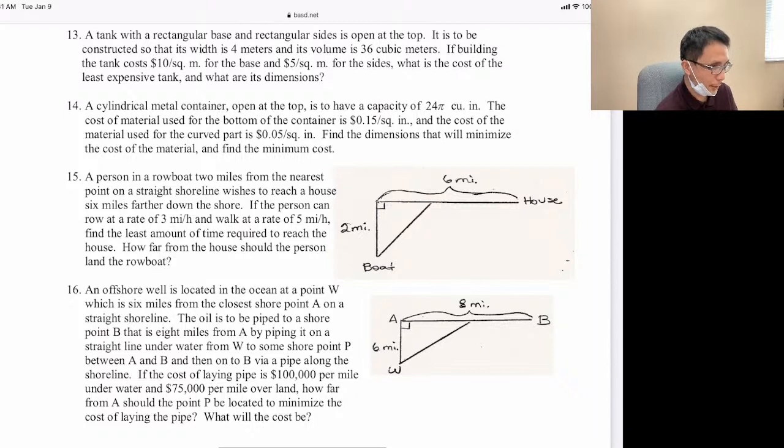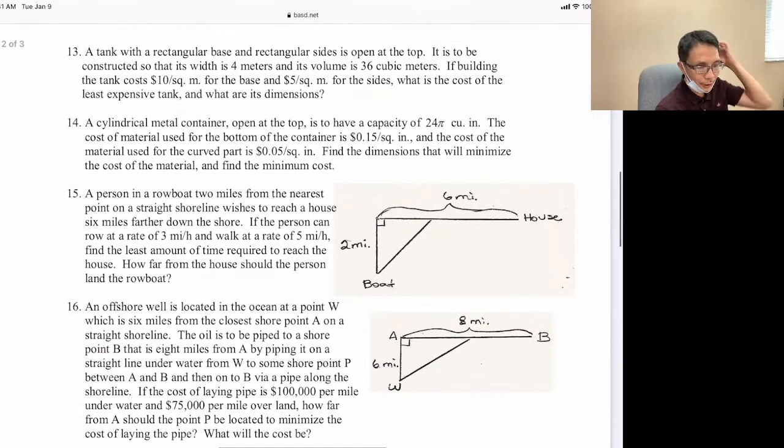You want to build a pipeline, but it costs more to build in the sea rather than on land. So you want to find out a way to build a pipeline. This is an actual life example of application. So let's say go to 13, 14, 16. They're all real life situations.